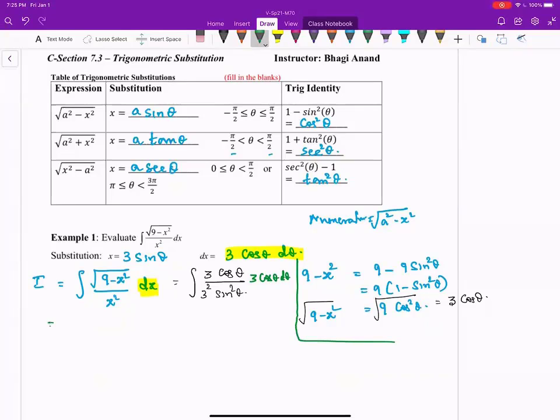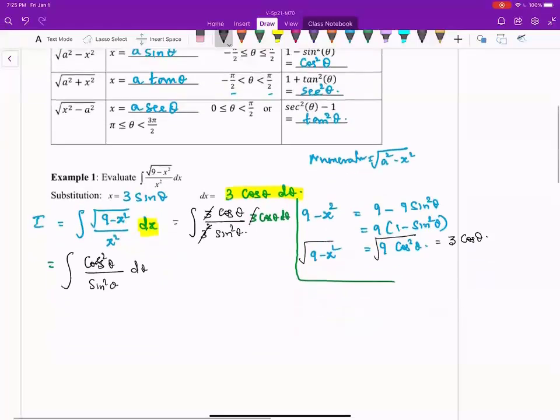Now if I cancel out terms, 3 times 3 is 9, that 9 cancels out. The numerator is cosine times cosine, so it is cosine square theta. The denominator is sine square theta d theta.